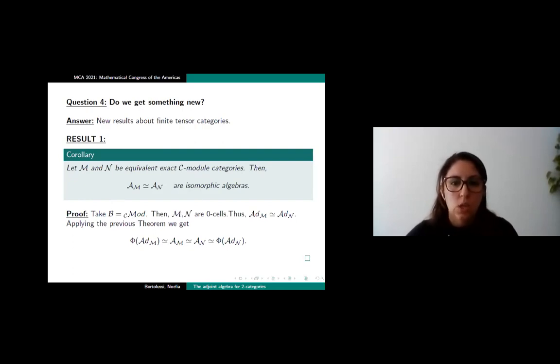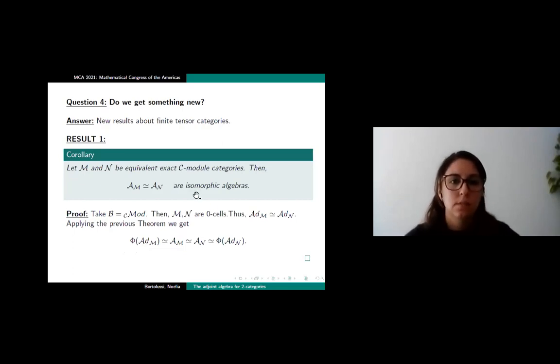So the adjoint algebras are isomorphic, where M and N are seen as objects, as 0-cells in the 2-category. So we can apply the previous theorem with this monoidal equivalence phi, and then you get that the two Shimizu algebras are isomorphic. So this result is almost immediate.